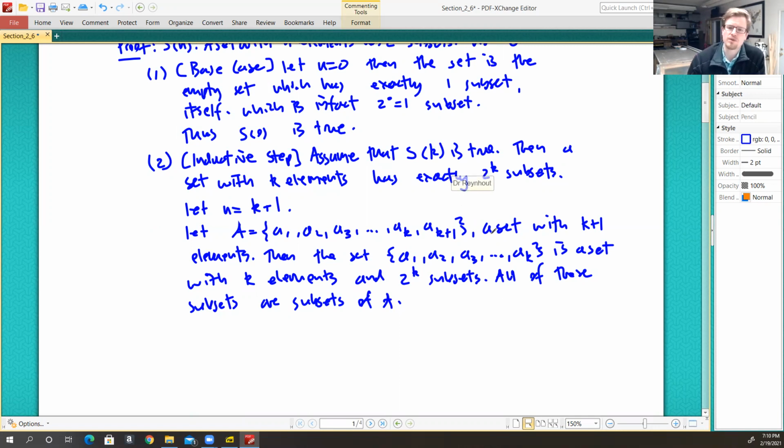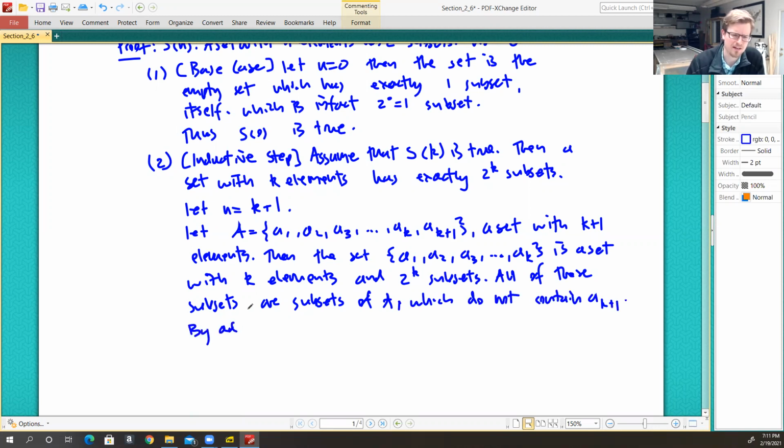Well, all we have to do is take all of the individual subsets of this and add a sub k plus 1 to all of those subsets. So all of these are subsets of A which do not contain a sub k plus 1.